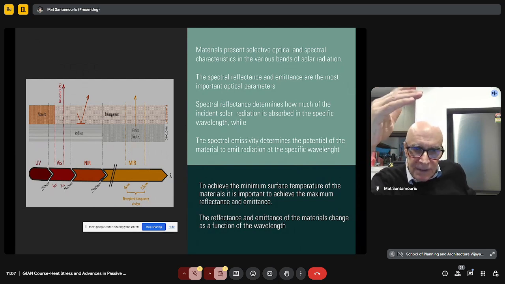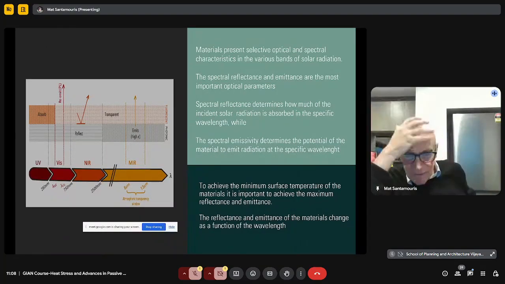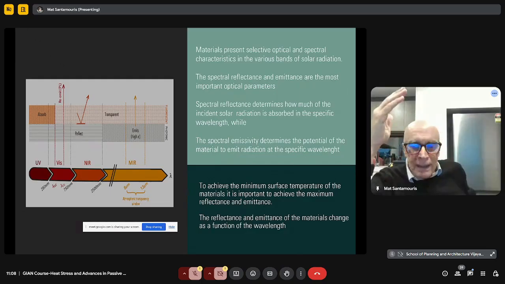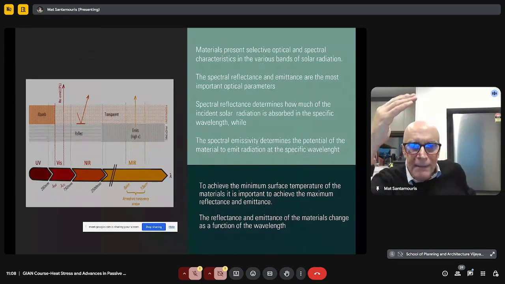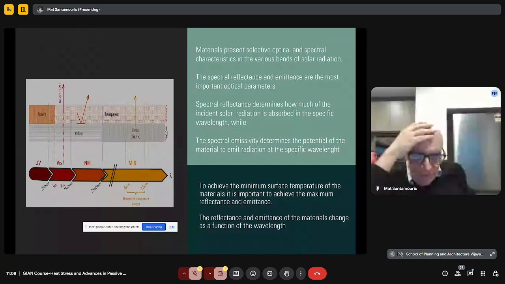So we wish the materials to reflect solar radiation and, at the same time, be able to emit radiation. The emittance of the different materials is not the same. For example, concrete and other building materials present a quite high emittance. These materials can emit the radiation back to the atmosphere and so dissipate the excess heat.